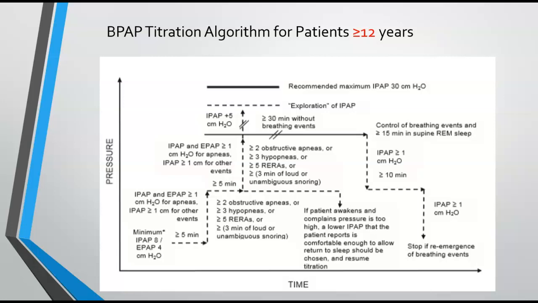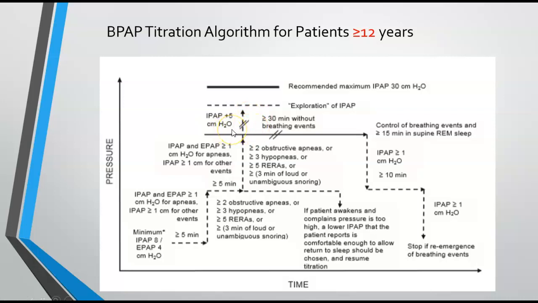You will keep the EPAP as it is without touching it. So here it is written: IPAP and EPAP for apneas and IPAP alone for other events, which are hypopneas, RERAs, and snoring.